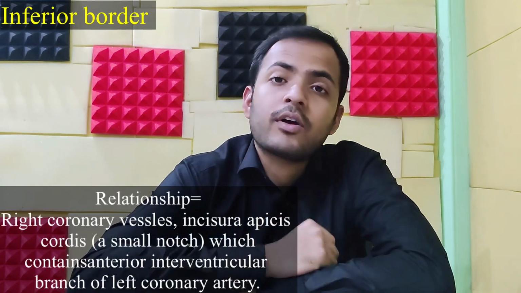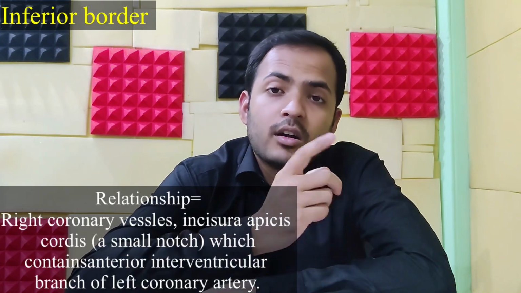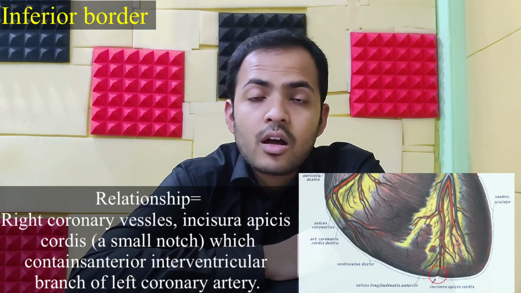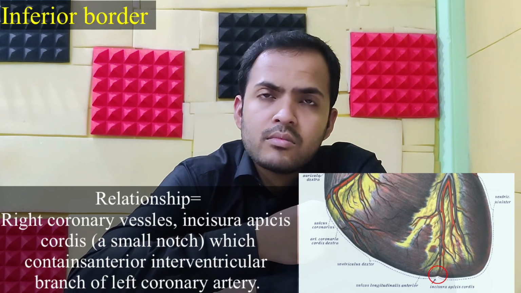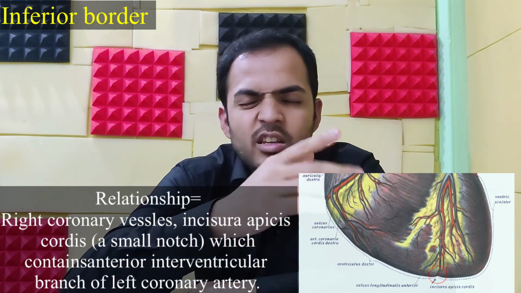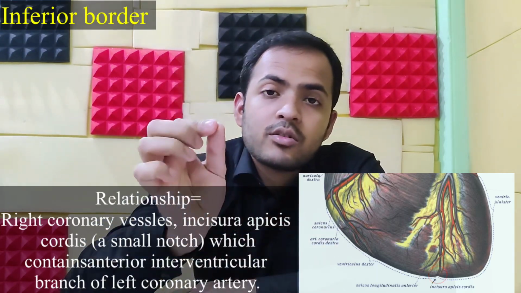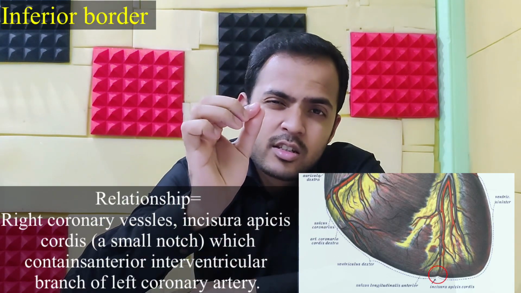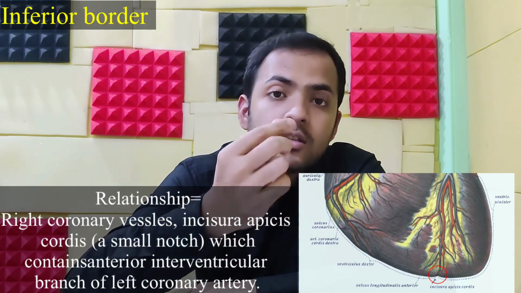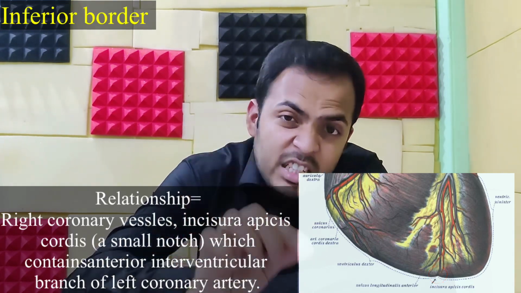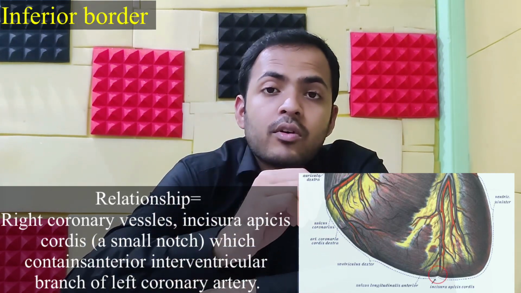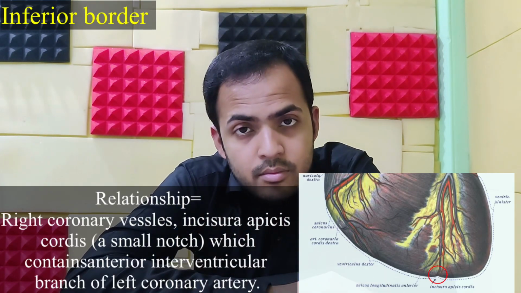Now in relation you're going to find the right coronary artery, right coronary vein, and the incisura apicis cordis, a small notch which contains the anterior interventricular branch of the left coronary artery.